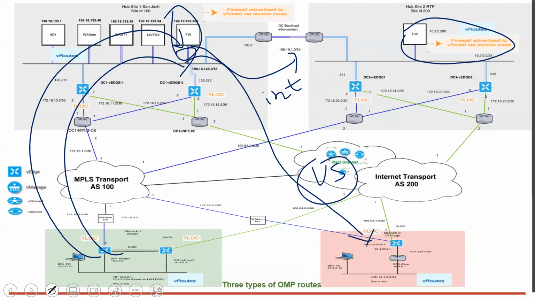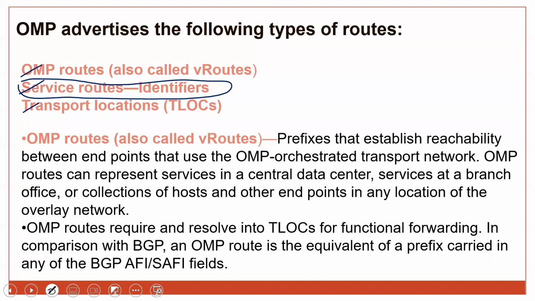And these policies you have to create from the vSmart, right? That means vSmart should know the location of the firewall as well. Otherwise, you can't create such types of policies, correct? So that's why we have these three different types of routes.